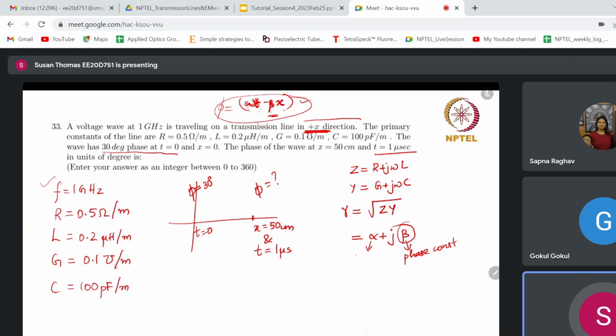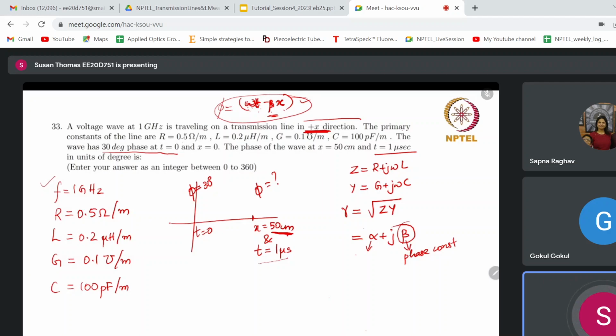Yes, we know the frequency, so 2 pi f will be omega. Do we know time t? Yes, it is 1 microsecond. And do we know the beta? Yes, we know the beta if we find out the propagation constant gamma. And what is x? Yes, we also know x is 50 centimeter.